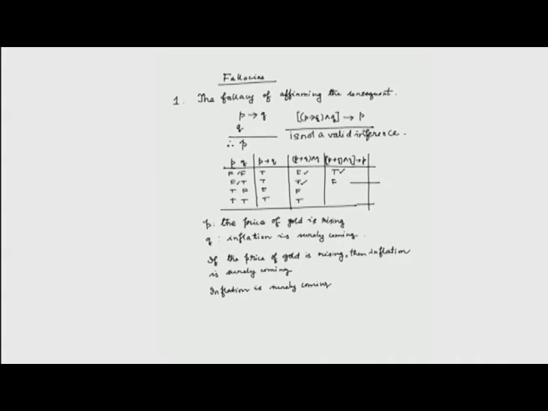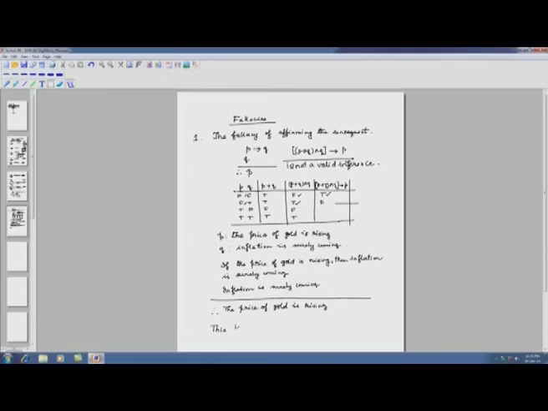Now, from these two statements we are tempted to write that therefore, the price of gold is rising, but what we have learned from the fallacy of affirming the consequent is that this inference is not logically valid. This is not a valid inference.